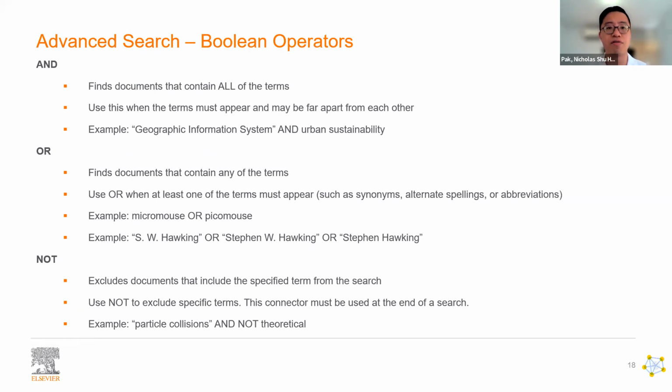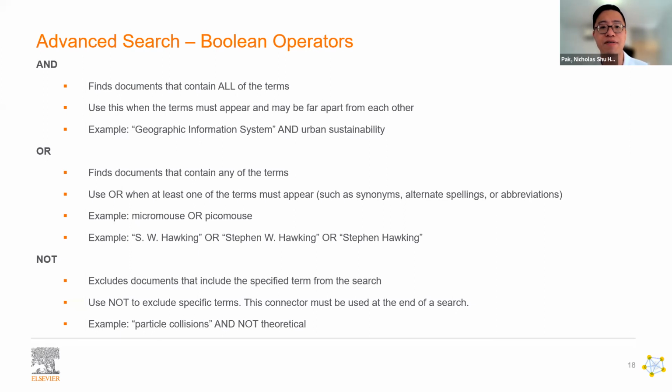So for instance, if I'm looking for "geographic information system" in open inverted commas AND urban sustainability. You notice a couple of things here. Firstly, geographic information system here is in open inverted commas. So basically I'm looking for these three words together within the article itself, right? So it's kind of like key phrases.